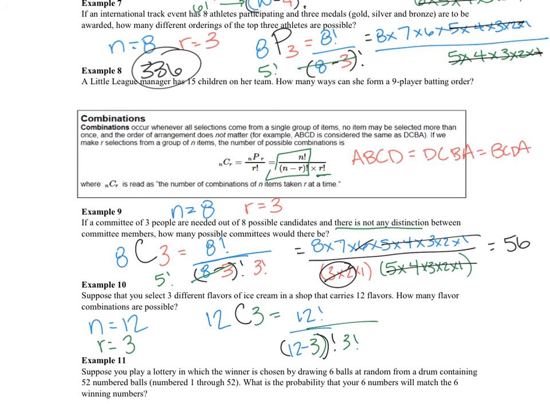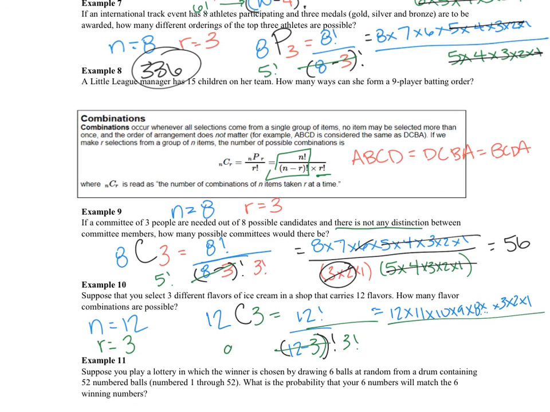And so 12 factorial is 12 times 11 times 10 times 9 times 8, all the way down to times 2 times 1. I'm not going to write all those. Actually, I want to write it like this. Times 3 times 2 times 1. The bottom would be 12 minus 3 factorial times 3 factorial.